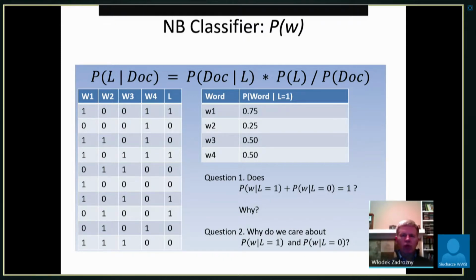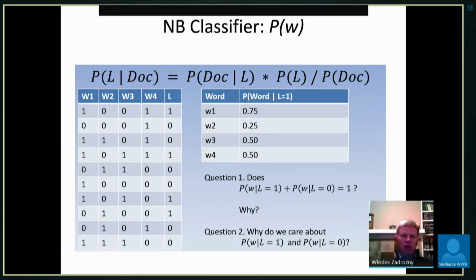So how do we compute the probability of the document given label? Well, we do not know the probability of the document given label, but we do know the probability of the word given label. So, for example, in the table on the right-hand side, the probability of word 1 given label 1 is 75%.